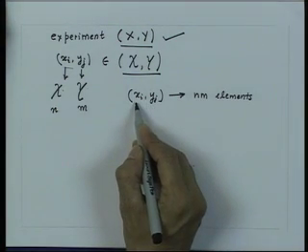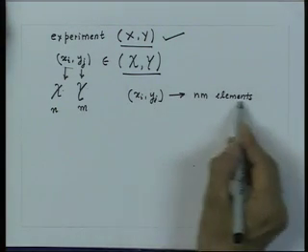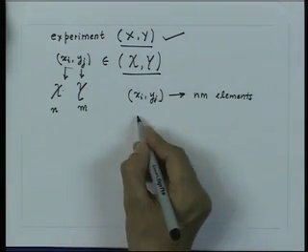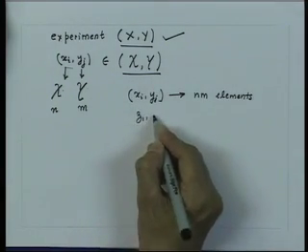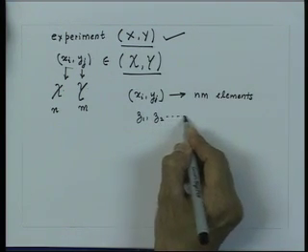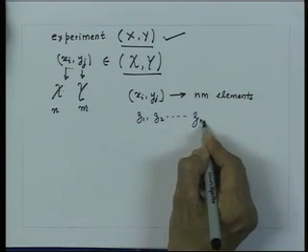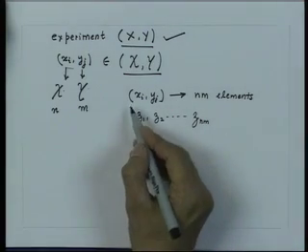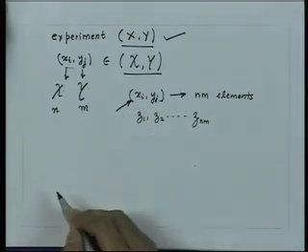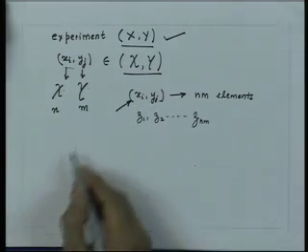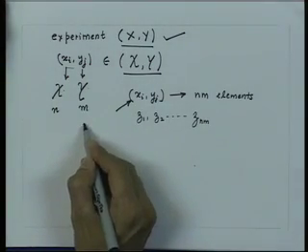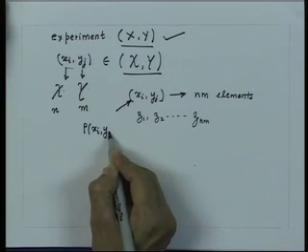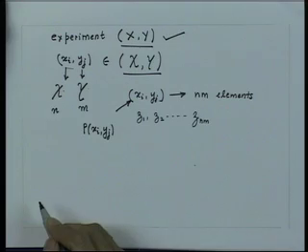Let me indicate these nm elements, given by the joint occurrence of these two events, as z1, z2 up to znm. Now, with each of these events xi yj, I will have a probability of occurrence, given by probability of xi, yj.